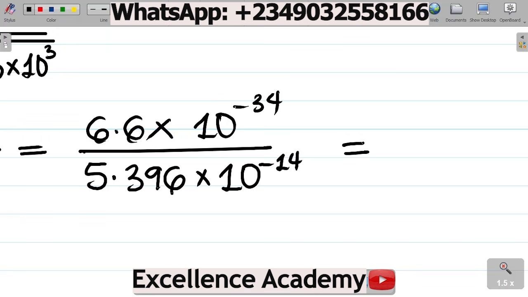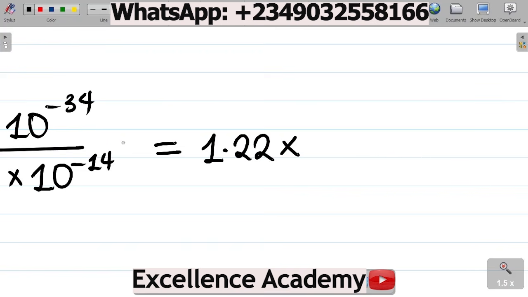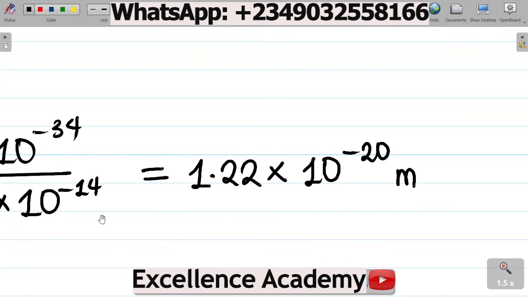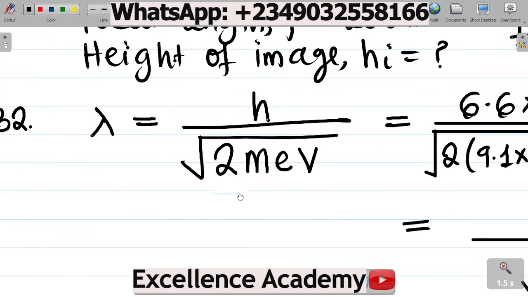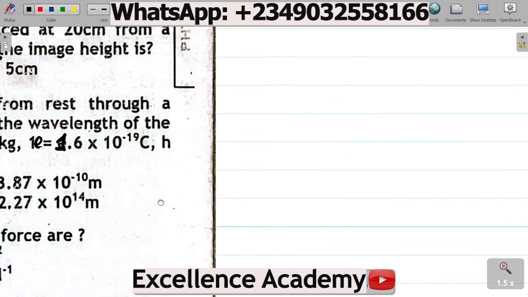If you compute that, your answer gives you approximately 1.22 times 10 to power minus 20. And we're looking for wavelength, which is in meters. So let's check which option has this answer. So go back to question number 32.